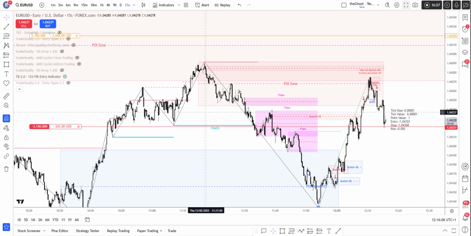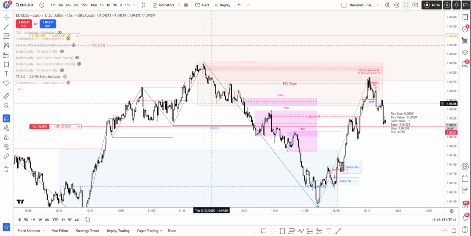Our first is over here, but that order flow was mitigated, and this order flow, if we consider it's broken there, was not mitigated.